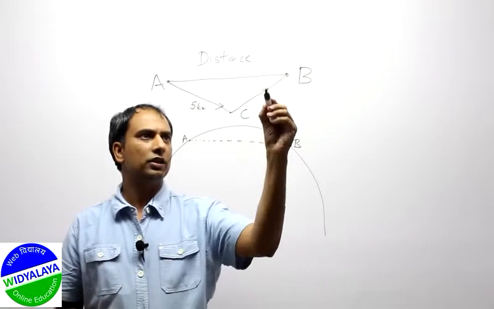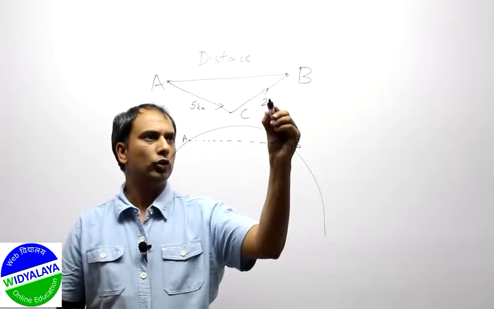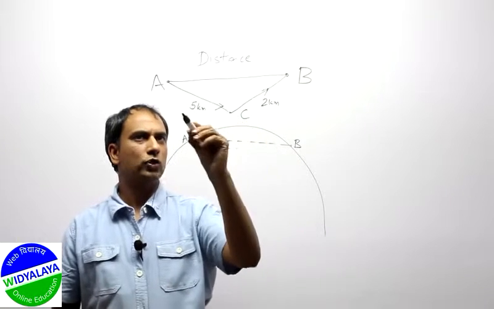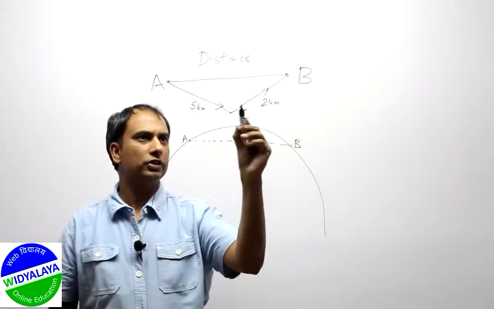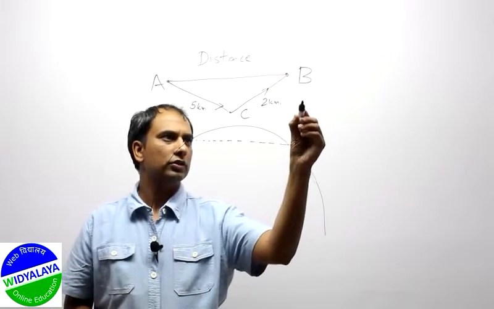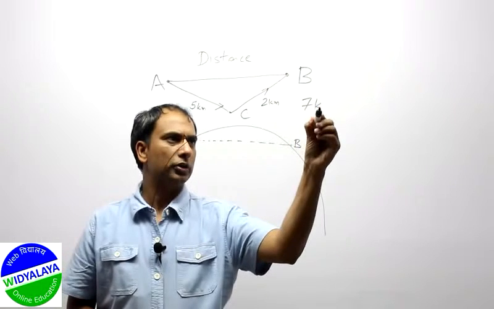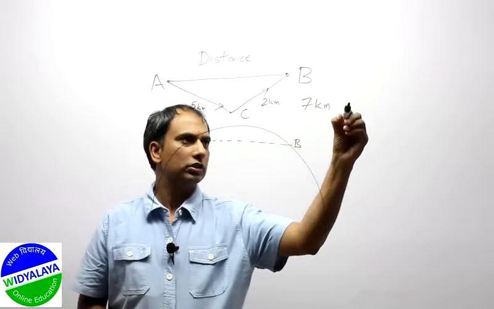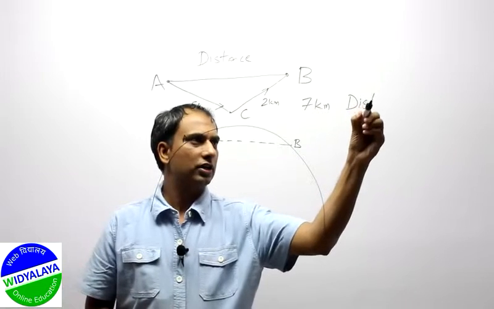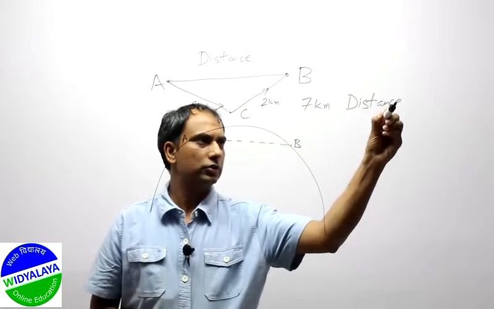And then C and B, let this be 2 kilometers. So the actual distance traveled by this person is 5 plus 2, that is equal to 7 kilometers.